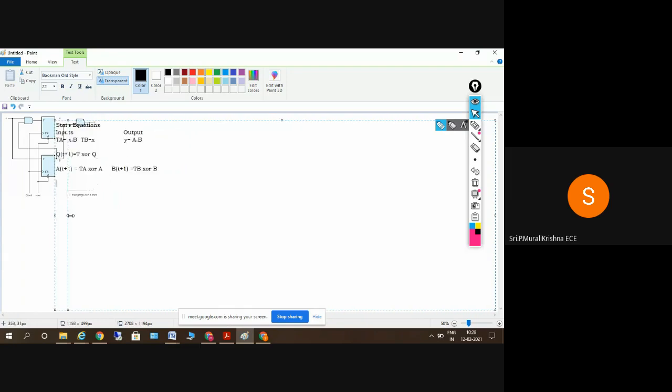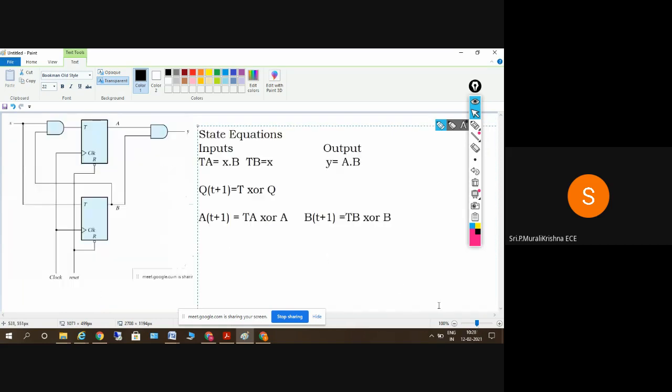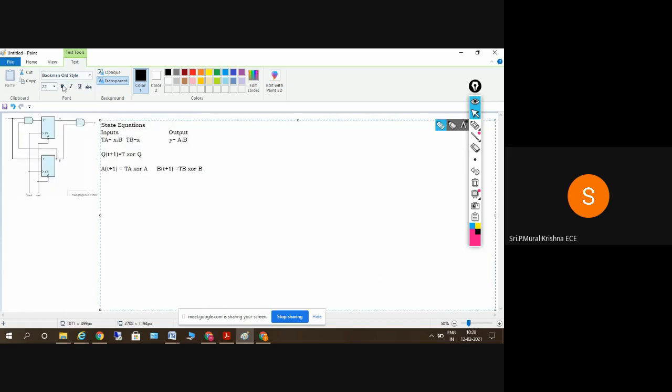We'll find the state table here. State table: present states and input. The present state is a, b, and the input is x.